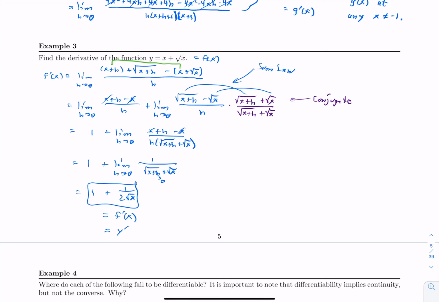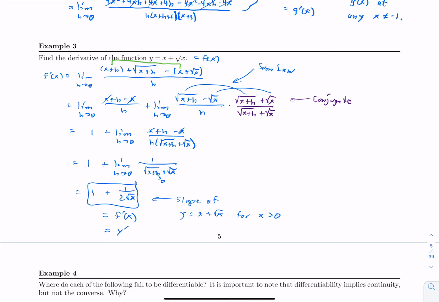Not as much in this course, but I'm going to throw in as much notation at you as I can in your first calculus course so that it doesn't bother you as you move through the sequence. So this is the slope of y equals x plus the square root of x, and this is for x strictly greater than 0.